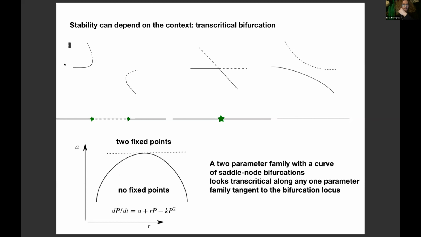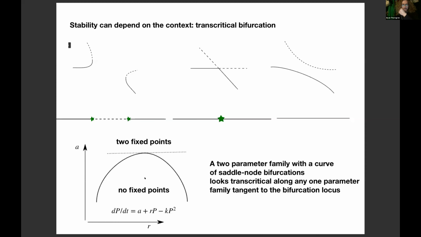For example, this family, so there's 1 parameter drawn here. You can think about that as taking some A around here and tuning R like this. So you start off with 2 fixed points, that's like over here. And then you increase R. Then you have a saddle node bifurcation, so that's this point where they disappear.